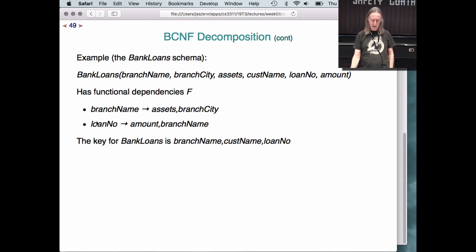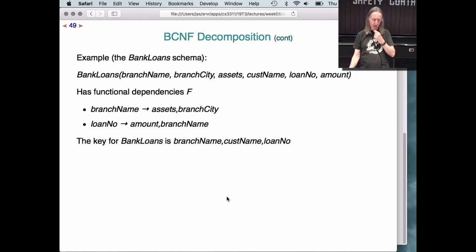So if we take these two things and take the original bank loans table and try to work out what the key is, well, it can't be just these two because they don't include the customer name. So if we take the branch name and the loan number and the customer, that gives us a key for this original table.